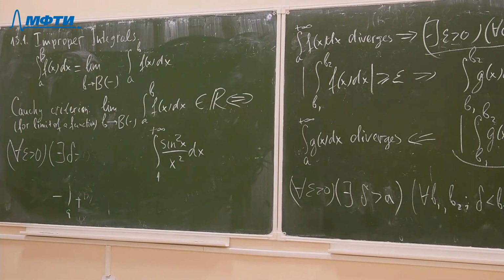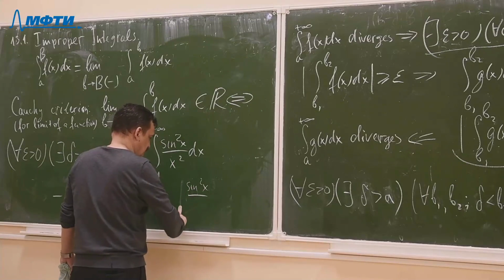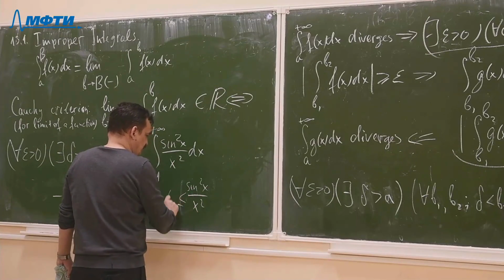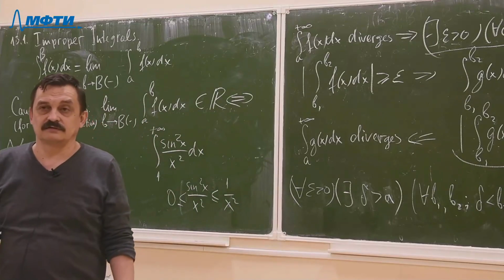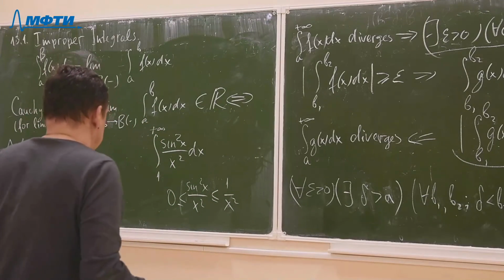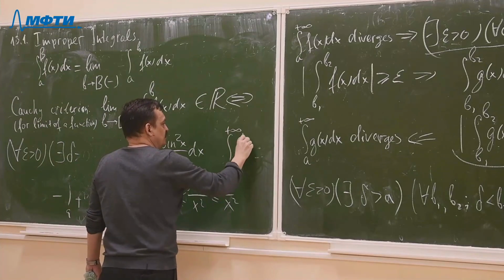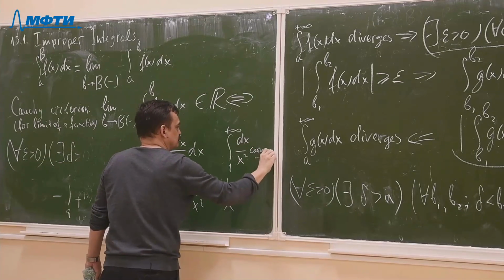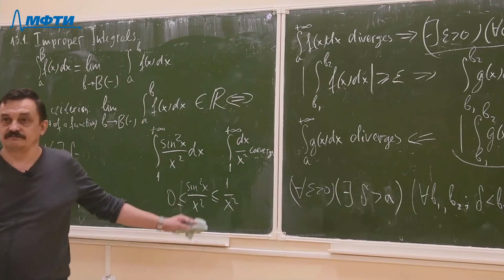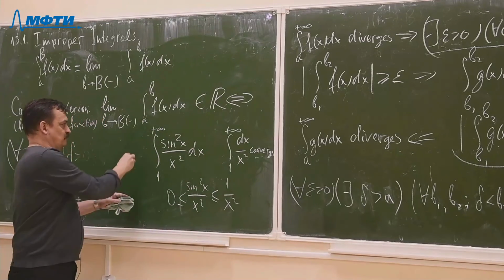It converges. Why? Because sine squared of x is non-negative, less or equal to 1 over x squared, right? And the integral from 1 up to plus infinity of dx over x squared converges. So, by the comparison theorem, our integral converges as well.